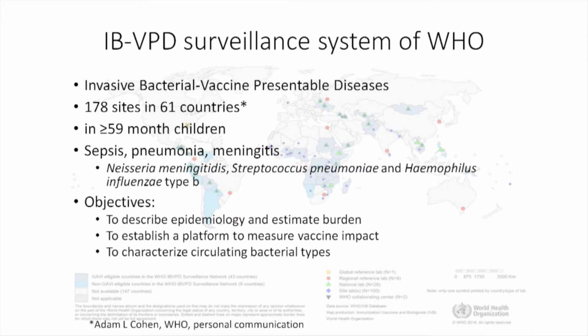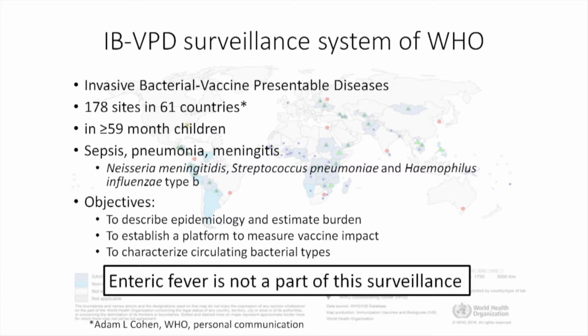The overarching objectives of this surveillance system are to collect epi data, monitor vaccine impact after introduction, and characterize the circulating bacterial types and study their antimicrobial resistance patterns. Now, you must have noted by now that enteric fever is not a part of this vaccine preventable disease surveillance.